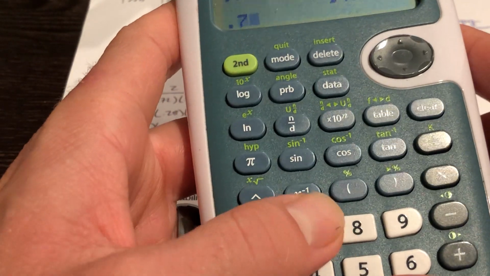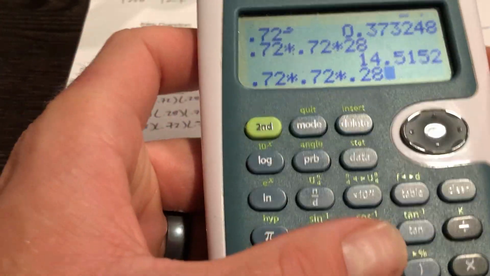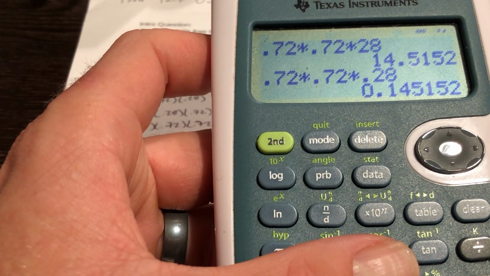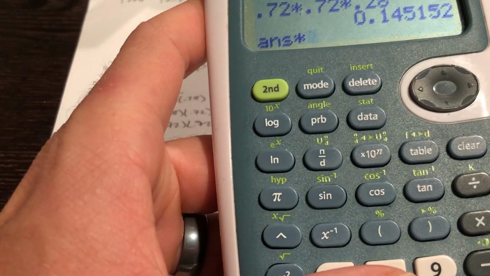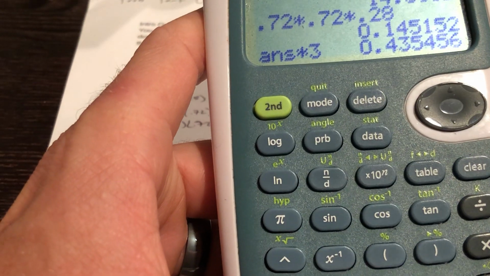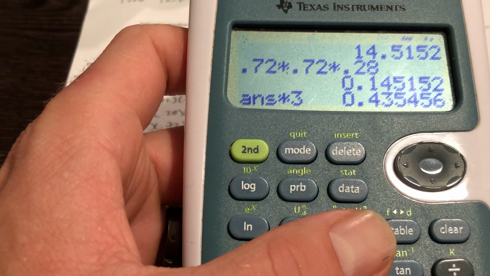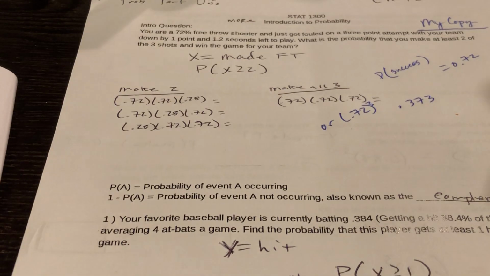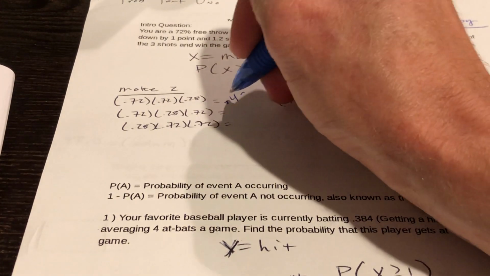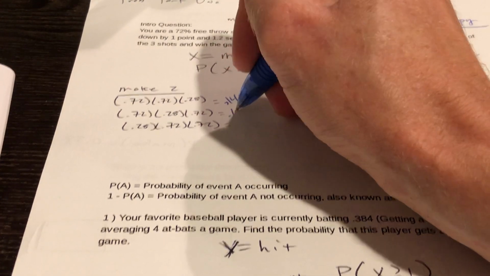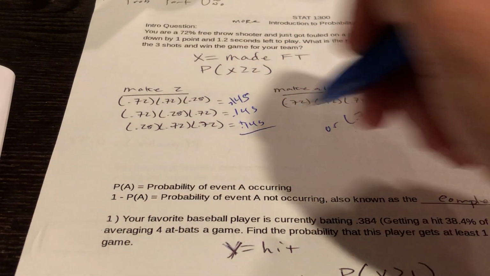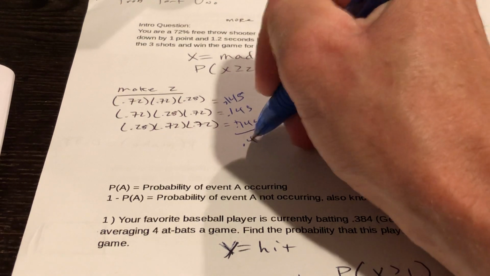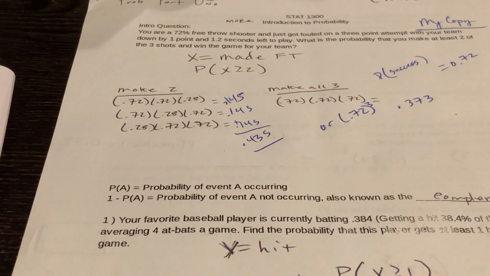Oh, not 28. Uh-oh. We know probabilities can never be bigger than 1. So let's try that again. And you get 0.145. And if you multiply that by 3 immediately, you get 0.435. Now, it depends on rounding. If you wrote 0.145 down 3 times and then added them all up, there won't be any issue rounding-wise.